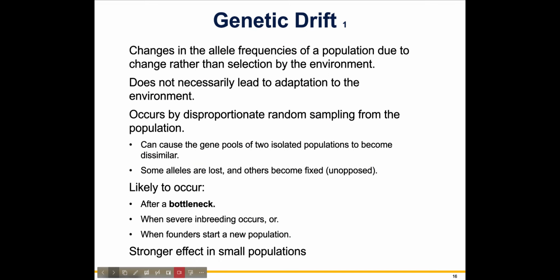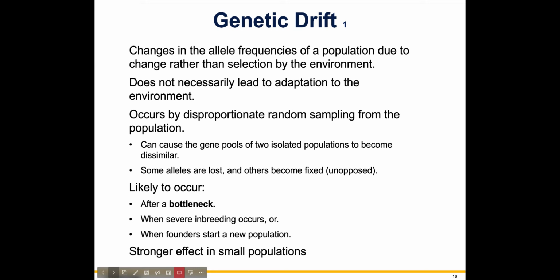Then genetic drift is this extreme population size change. I like to think of my pinky finger for genetic drift because my pinky finger is small. So when I see genetic drift, it is a change in the allele frequencies because there is something that has occurred to drastically shrink the population.